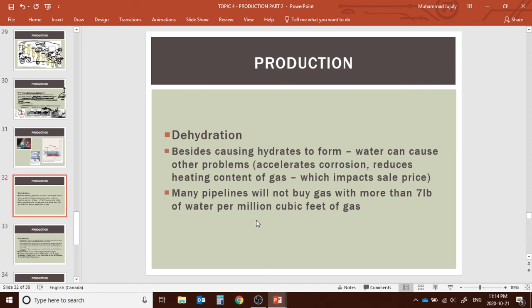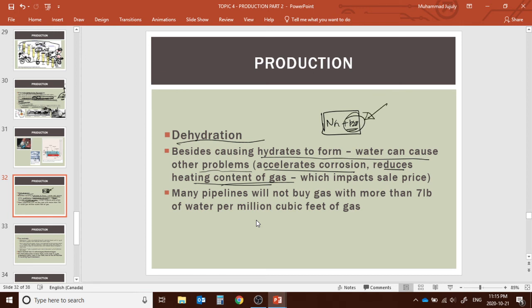Now, how can you remove the water, that is, dehydration? Besides causing hydrates, water can also cause other problems. It can accelerate corrosion. Of course, water is the main source of corrosion. It can reduce the heating content of the natural gas. For instance, natural gas also contains water vapor, and this will not burn.